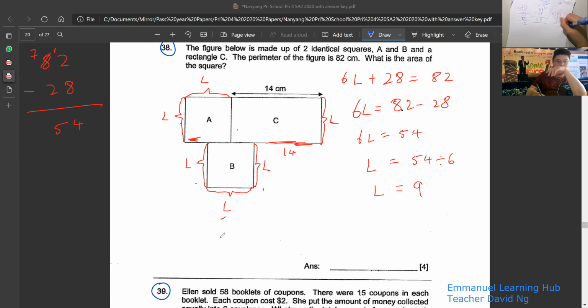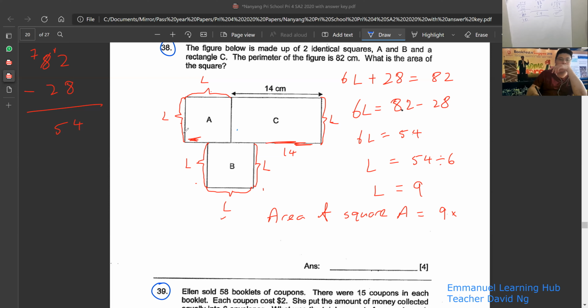You know L is 9. You can find the area of the square, right? What's the area of the square? How to find the area of the square? 9 times... 54? No. Square. You see carefully.